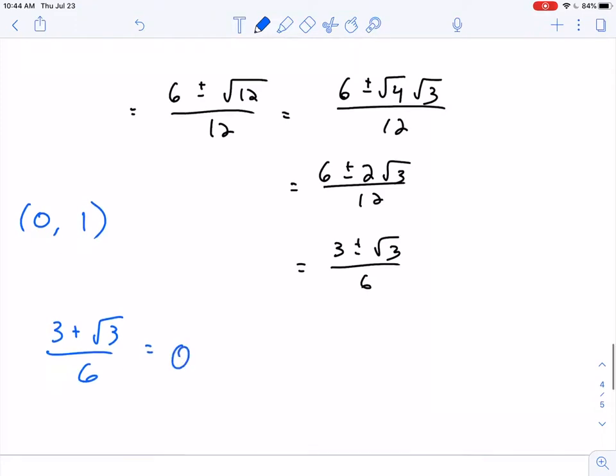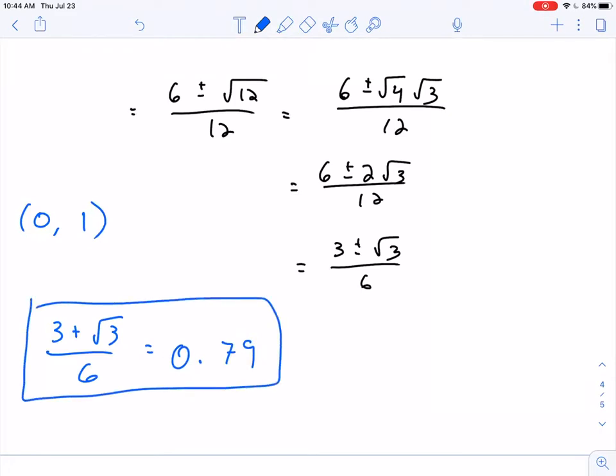So here I have 0.79 if I round to 2 decimal places, which means that this is one of my solutions, because this falls into the interval 0 to 1. I'm also going to look at 3 minus square root of 3 over 6. I believe this will fall in there as well. Divided by 6 here, yep, 0.21. 0.21, that's also between 0 and 1.